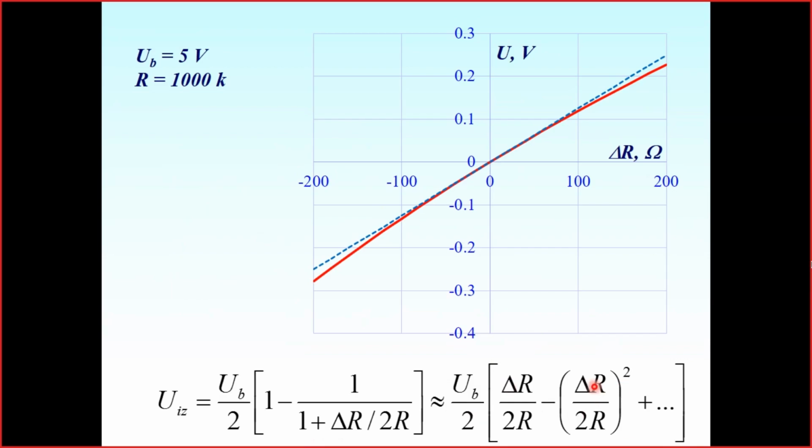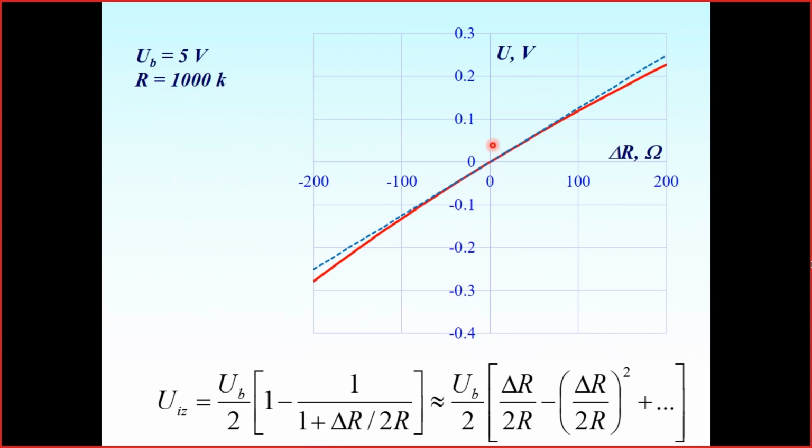this square term affects the relationship between the change in resistance and the output voltage of the bridge. I took a bridge where all the resistances have a value of 1 kilo ohm, and fed this bridge with 5 volts.